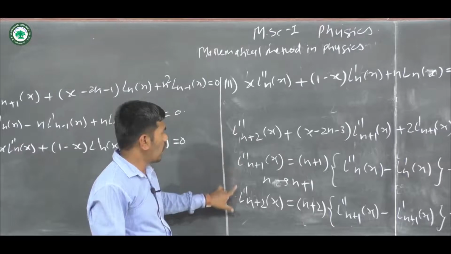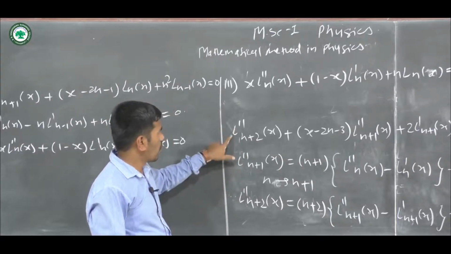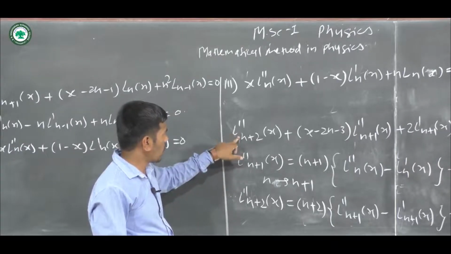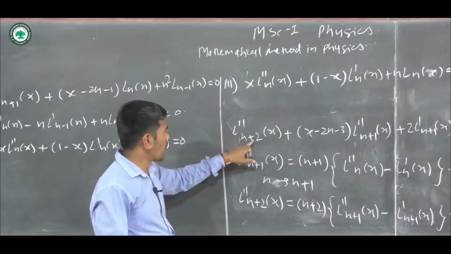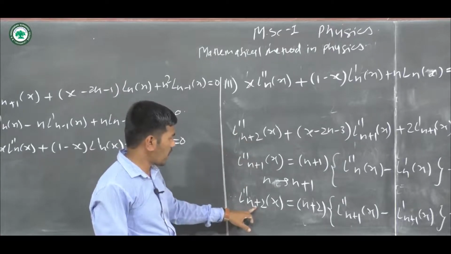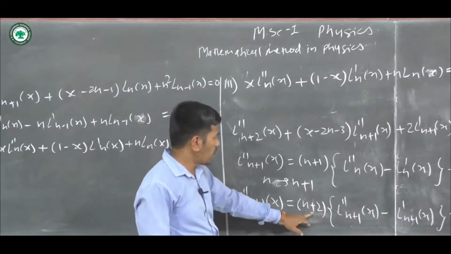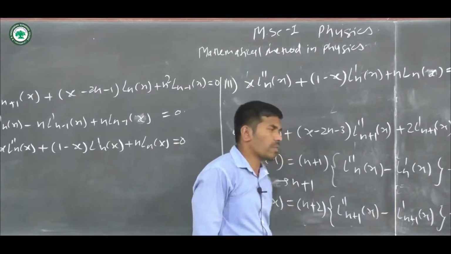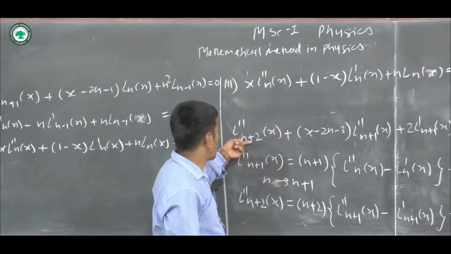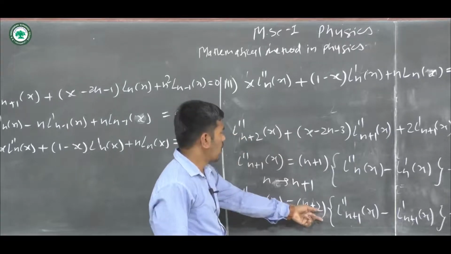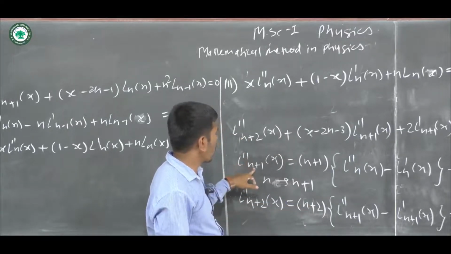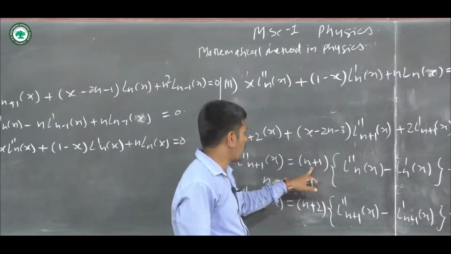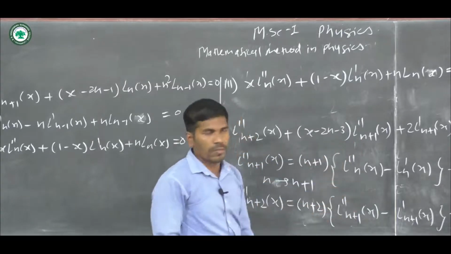Okay, so now by using these two equations, 3 and 4, in equation number 2 I replace this L double prime n plus 2 with this thing, and L double prime n plus 1 with this thing, okay.